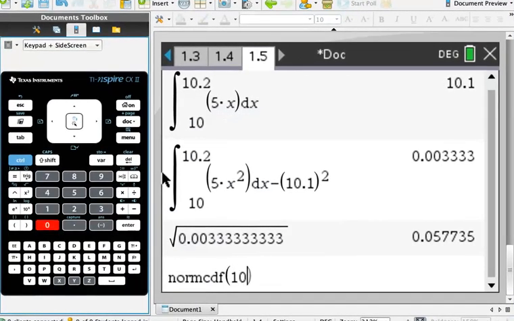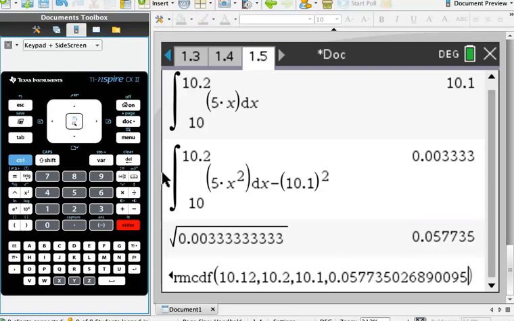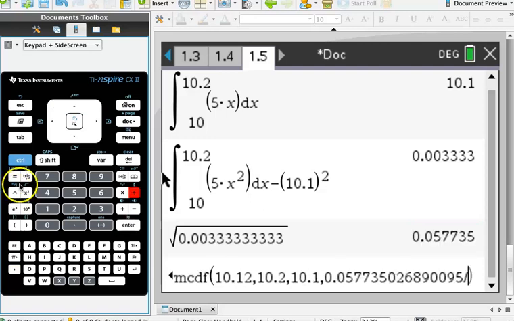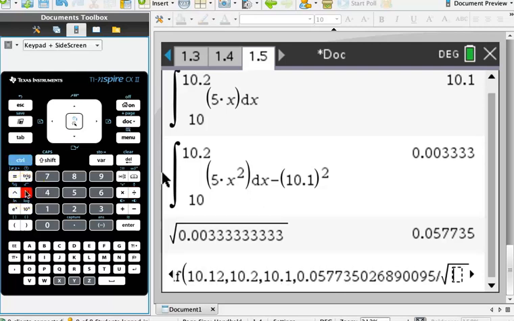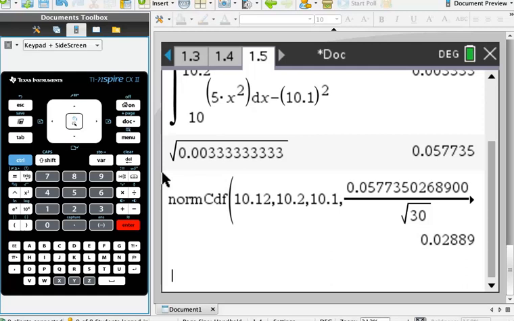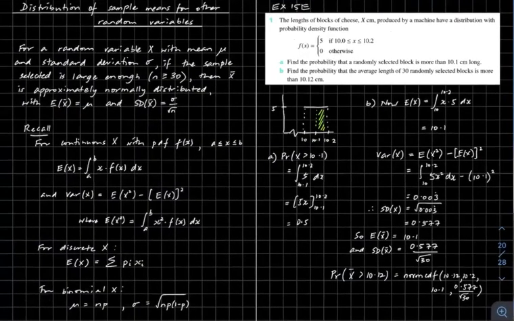Norm CDF of 10.12 up to 10.2, 10.1 is the mean, and the standard deviation is that number divided by the square root of 30. There it is there, 0.0289.